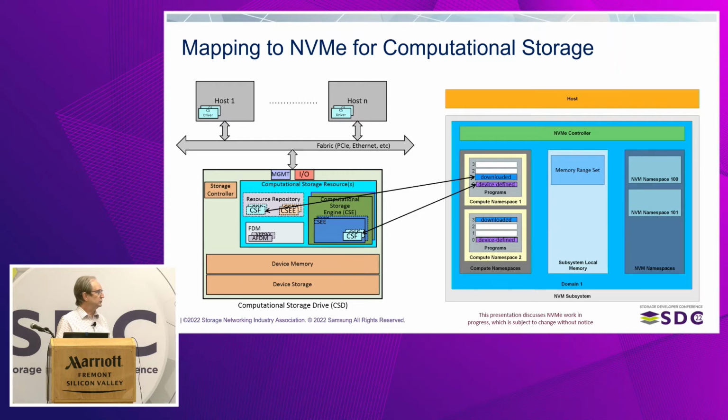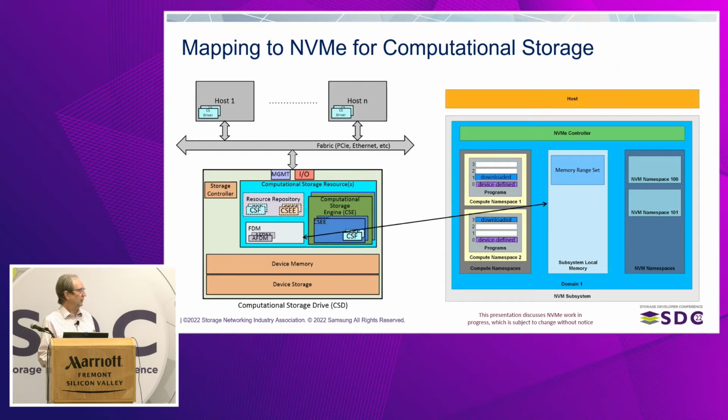The ones that are shown on the left here within the computational storage engine and computational storage engine environment, there's an implication that those are actually the preloaded ones. The ones in the resource repository, those could be preloaded or those could be downloaded.